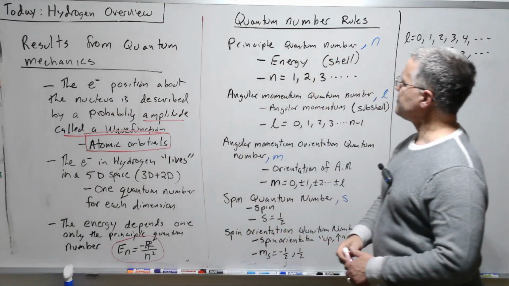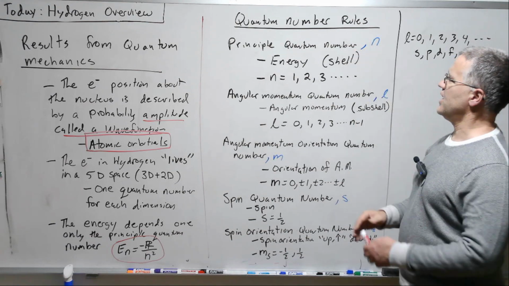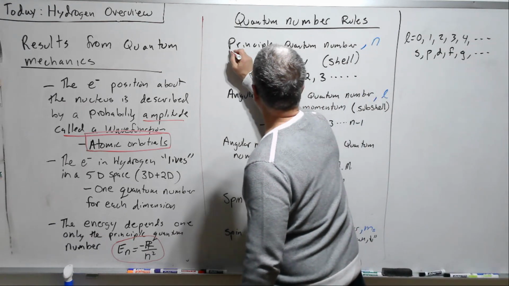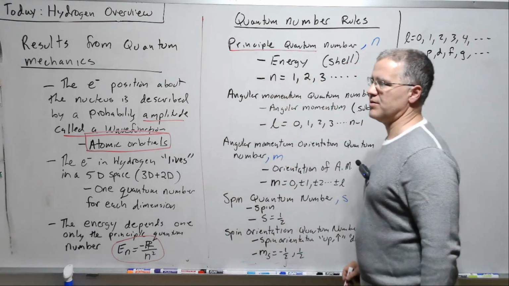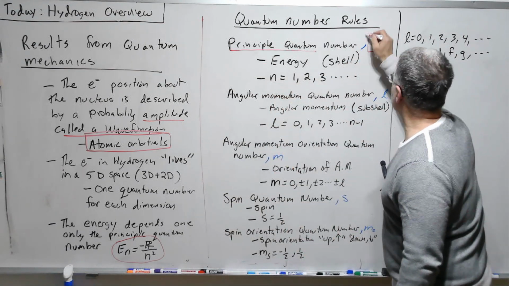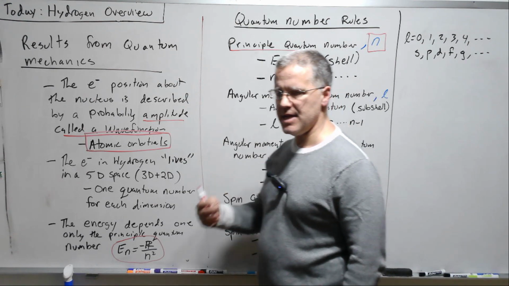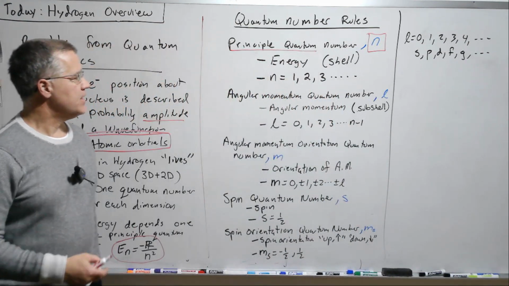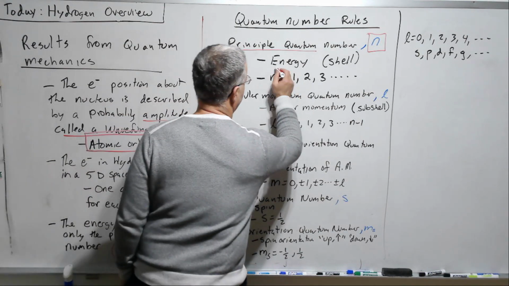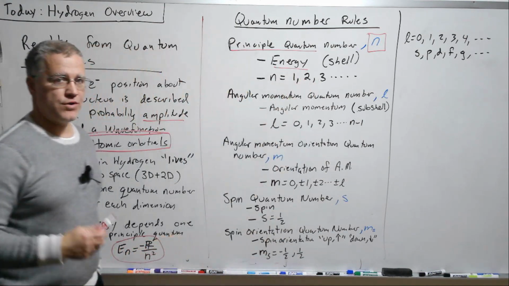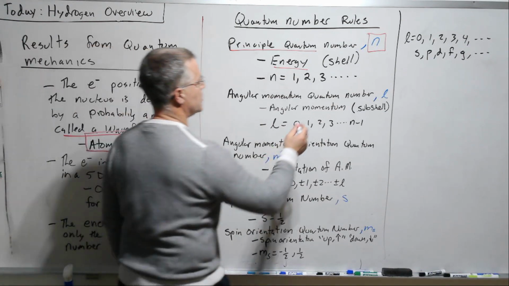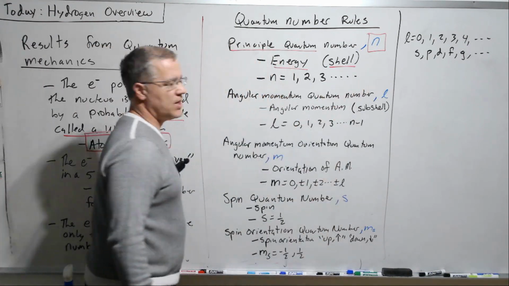Okay, well, that's an overview. So let's look at the quantum number rules now. The primary quantum number, the principal quantum number, is labeled n. This is sometimes called the energy quantum number, or the physical property it's associated with is energy. Sometimes also called the shell.